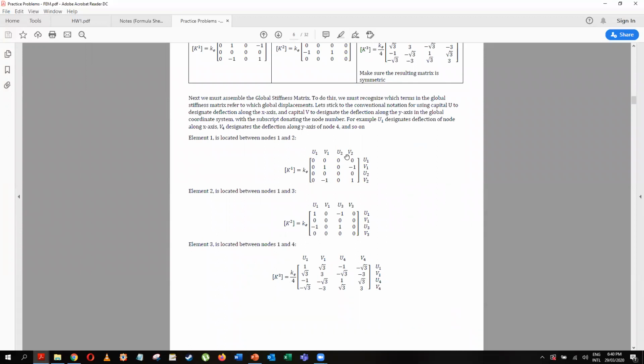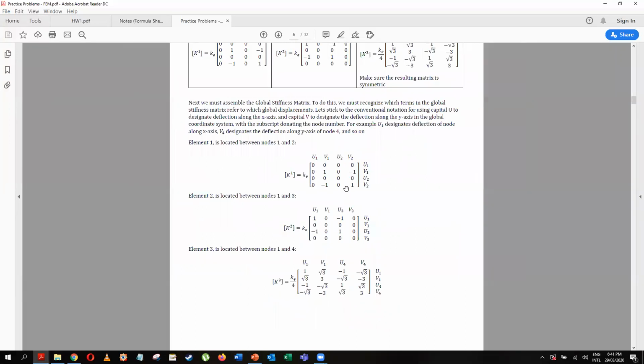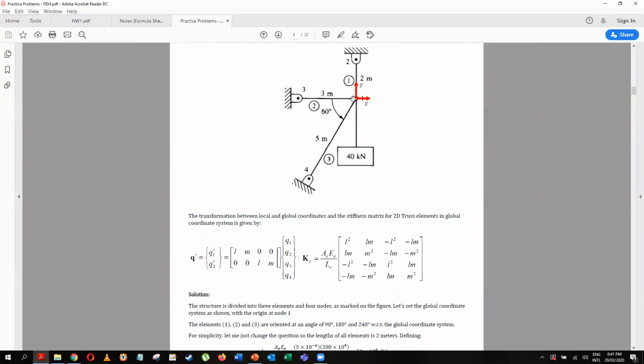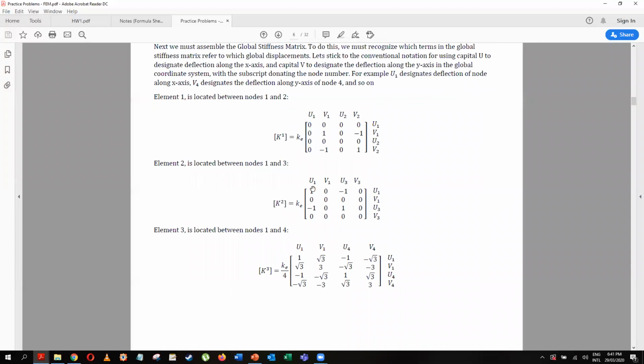So ये सिर्फ बता रहा है कि हमने global stiffness matrix में इसको किस जगह पे उठा के plug in करना है, right? The notation on the top and on the side is just for that purpose. ठीक है? So similarly, K2 is between these nodes 1 and 3. So यहाँ पे इसी तरह appropriately u1 v1 u3 v3 लिखा हुआ है.